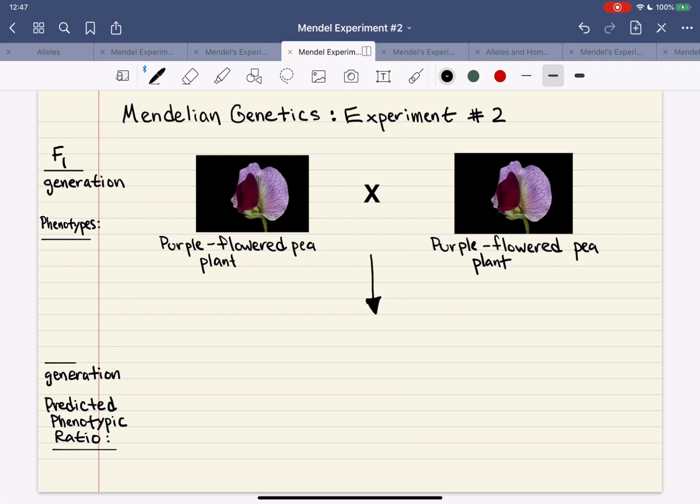He saw that 75%, I'm going to write this down here actually, because I want to put it next to this part. The offspring are 75% purple on average. 25% of them are white flowered.